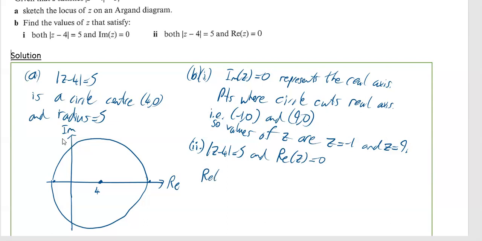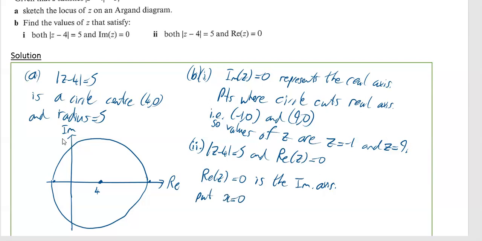So real part of z equals 0 is the imaginary axis. To get that, we're just going to put x equal to 0.